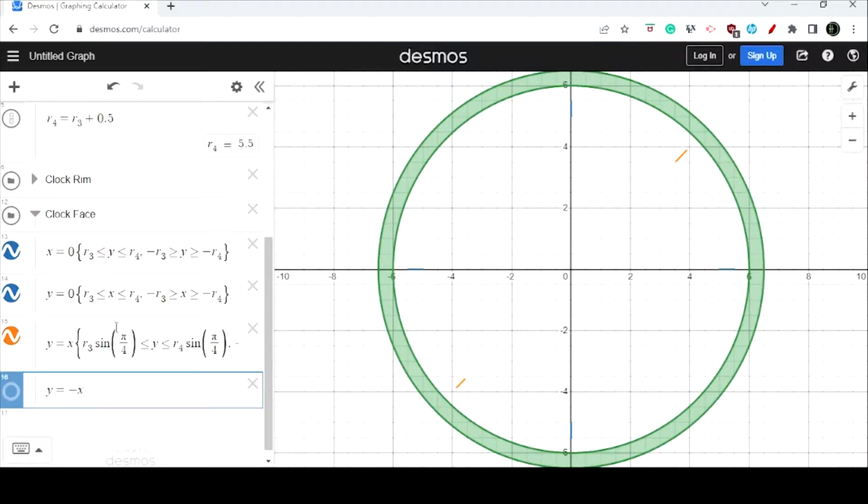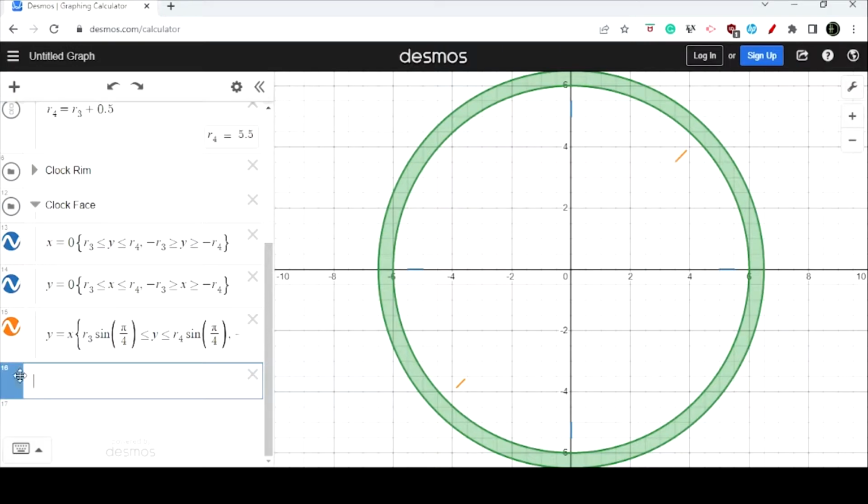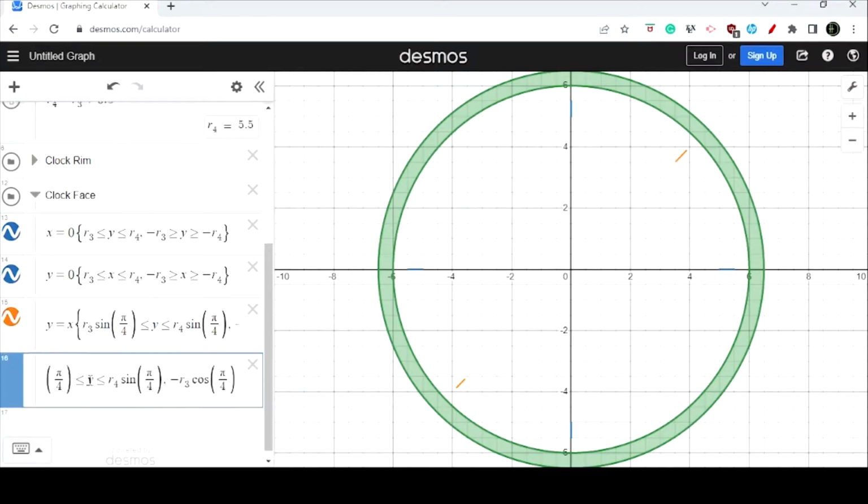The math for this graph here would be very similar. So you just need to make a few adjustments for it to work.